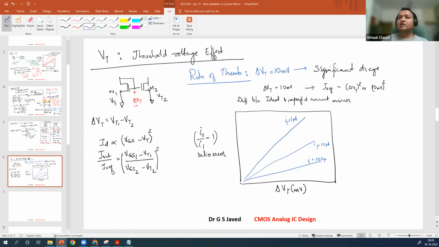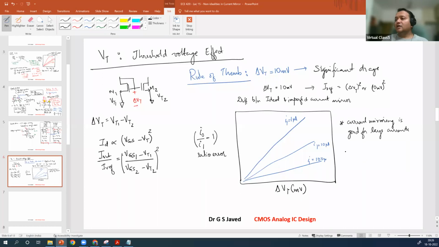So what do we observe? There are two things we can observe. Current mirroring is good for large currents. Right? You see, when your input current is 100 microampere, delta VT has a much smaller change.